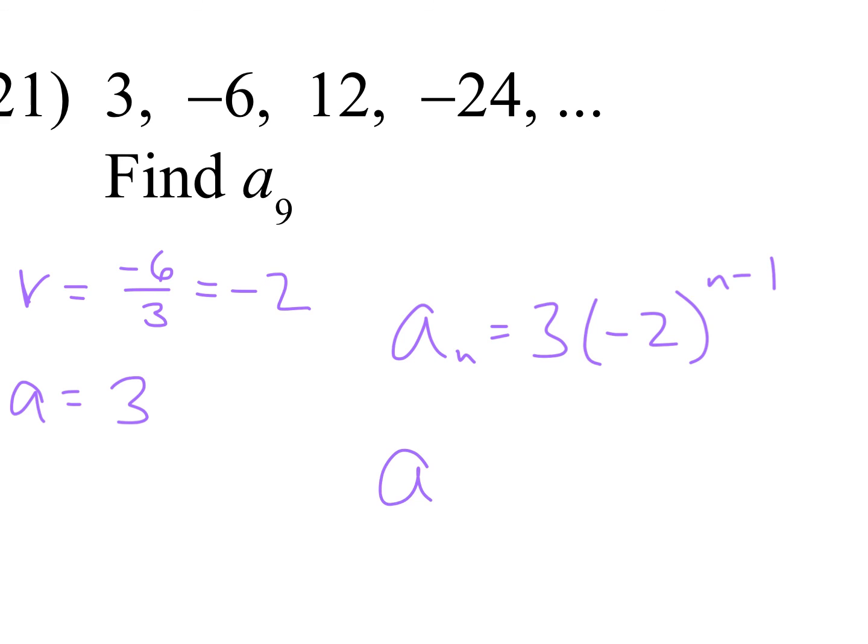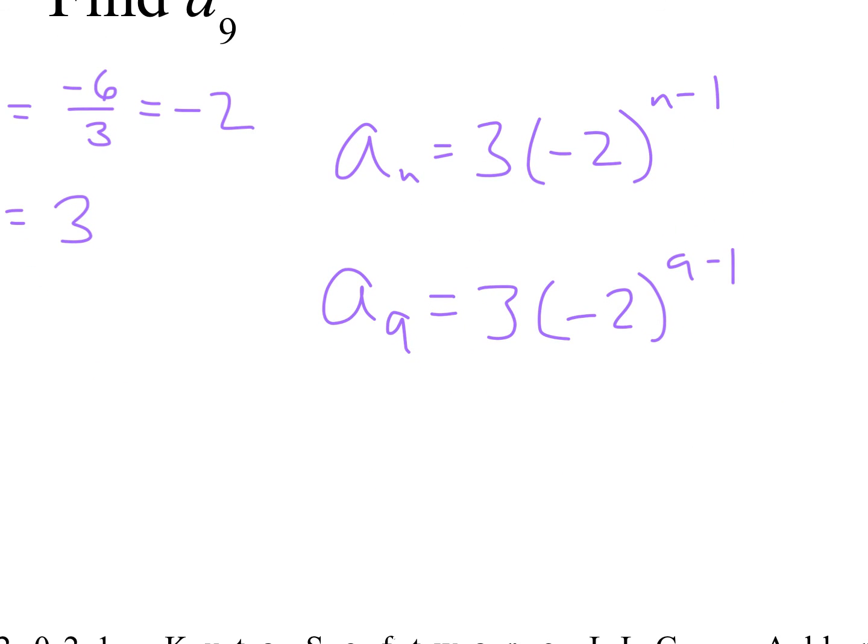What are we plugging in for n? 9. So 3 times negative 2 to the power of 9 minus 1. What do we have to do first? Subtract 9 minus 1, which is 8. So negative 2 to the power of 8.